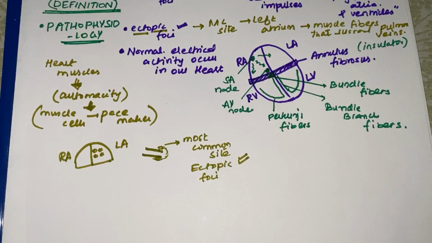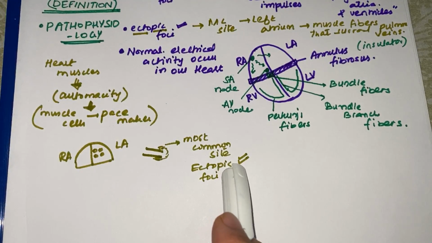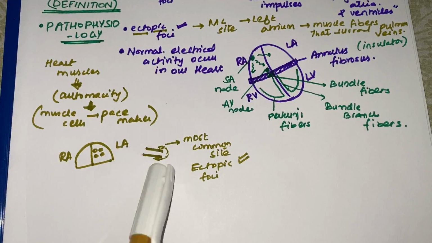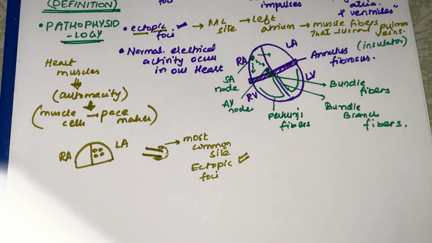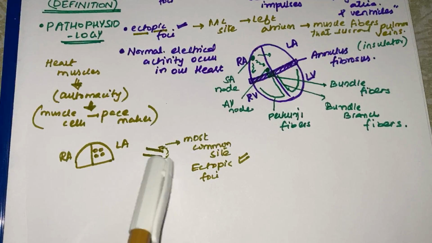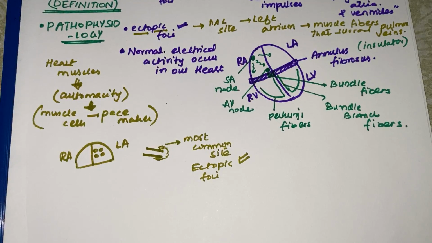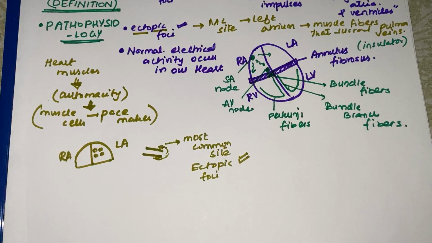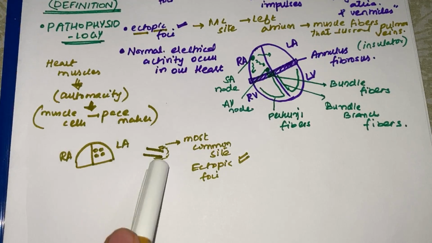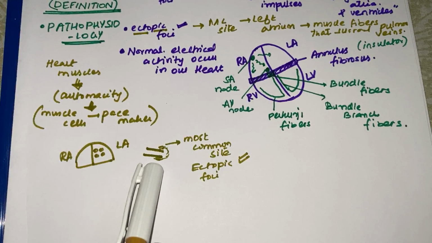As we know, the electrical activity within these muscle fibers is not considered important as compared to the depolarization or the repolarization that occurs within the other muscle fibers of the whole atria. So they are basically, you can say, the neglected muscle cells.